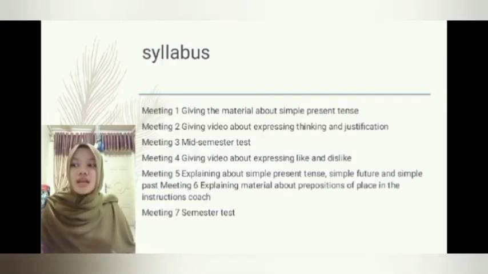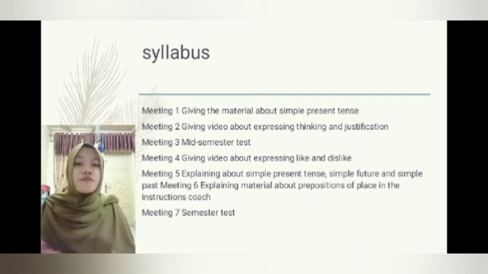The syllabus has seven meetings. In meeting 1, students get material about the simple present tense. In meeting 2, students get a video about expressing thinking and justifications. In meeting 3, students take a semester test.